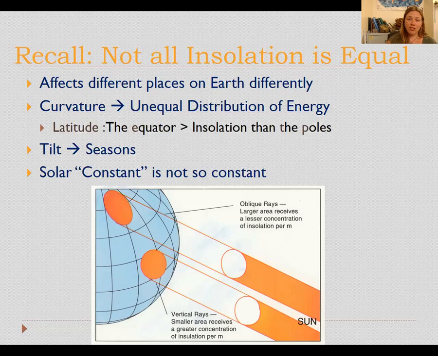And then we also mentioned that we can measure something called the solar constant. We can think of this as a constant amount of energy coming from the sun and hitting the Earth's outer atmosphere. Remember, the solar constant is measured at the Earth's outer atmosphere. But in fact, it's not so constant after all.